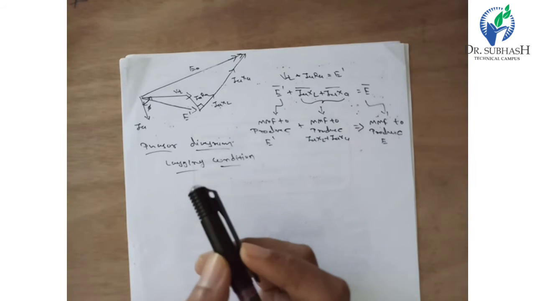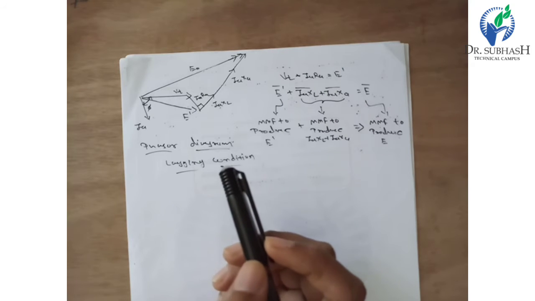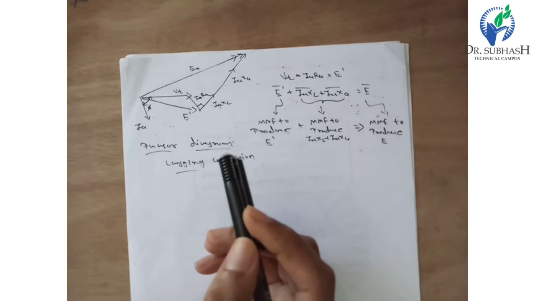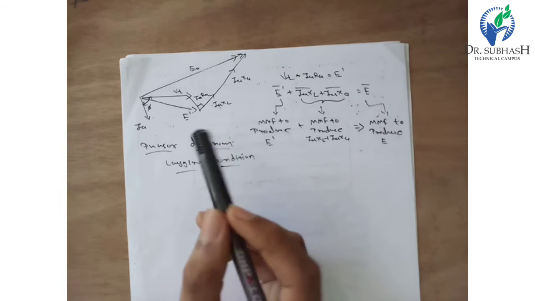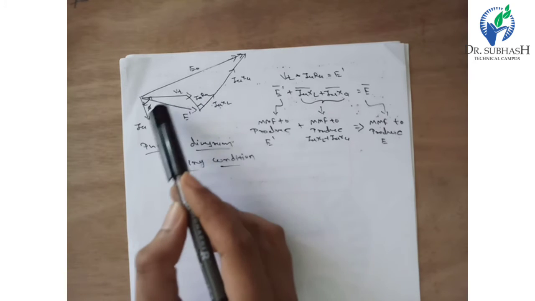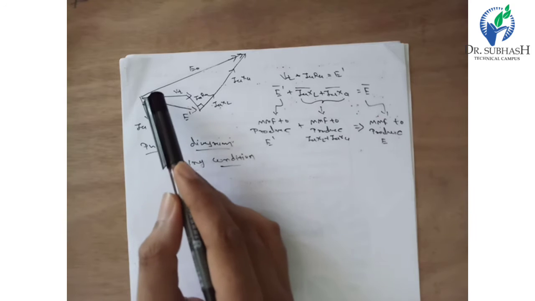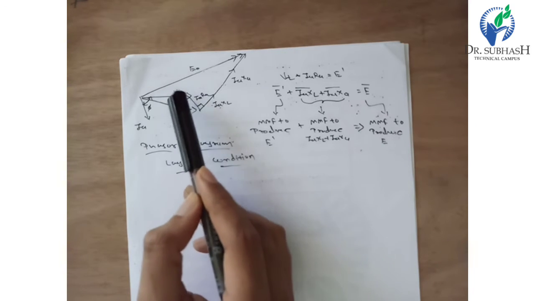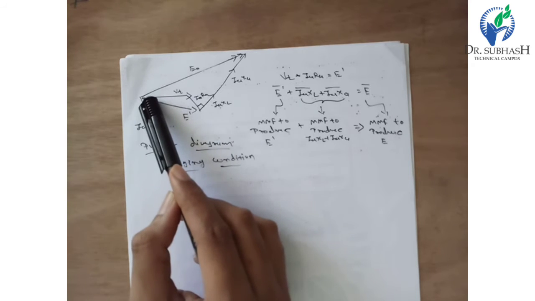The steps involved in the phasor diagram for the MMF method are as follows. First, draw the terminal voltage Vt and the armature current Ia, at the power factor angle phi.